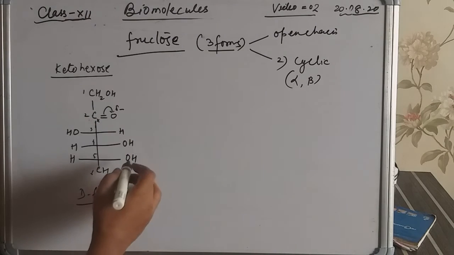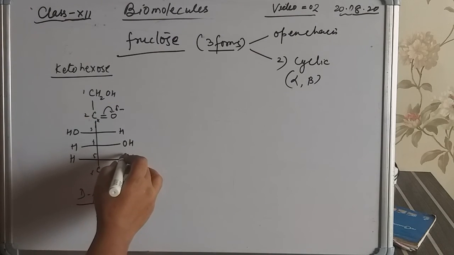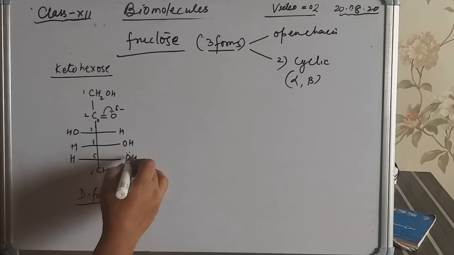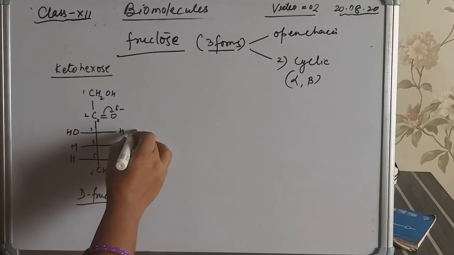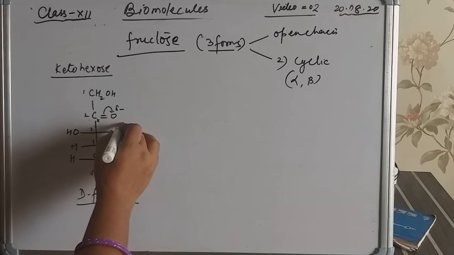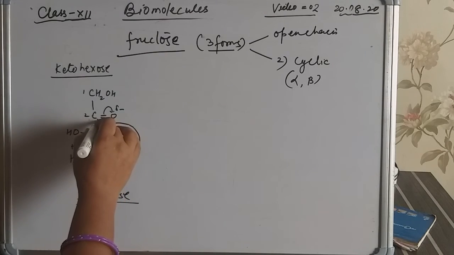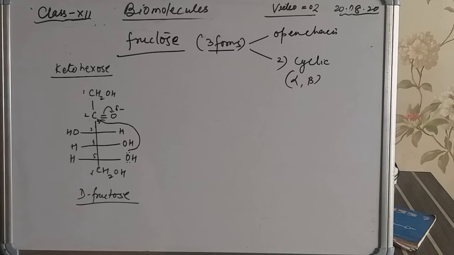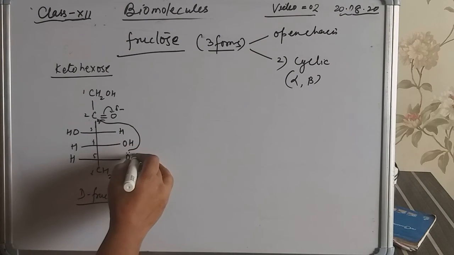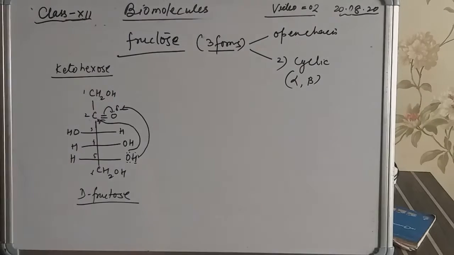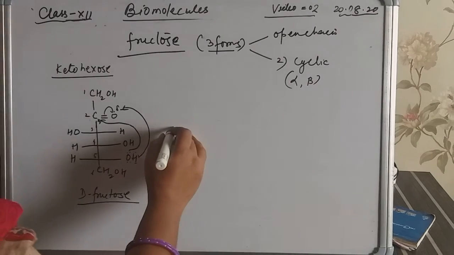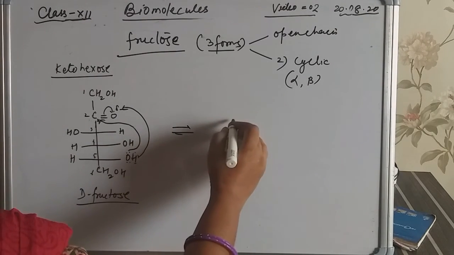In that condition, the position 5 OH group, this lone pair goes to the particular carbon, and the OH hydrogen leaves from the oxygen. In that condition, the structure forms like this.